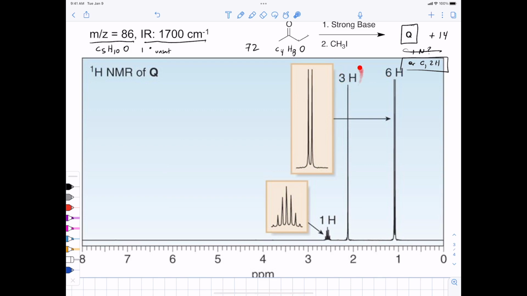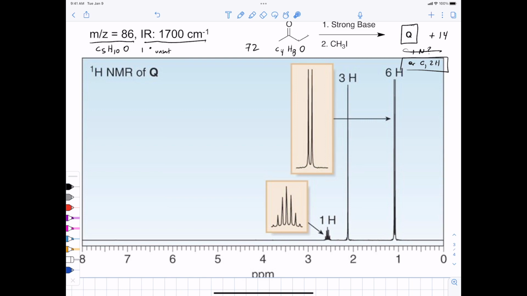They didn't require you to look at dimensionless and arbitrary peak area units and have you figure out the ratio between peaks. They just said, we feel bad for these folks, let's give them something. And so you know that this peak represents 1 proton, this is 3, this is 6. By the way, that actually is consistent with what we said our molecular formula might be.